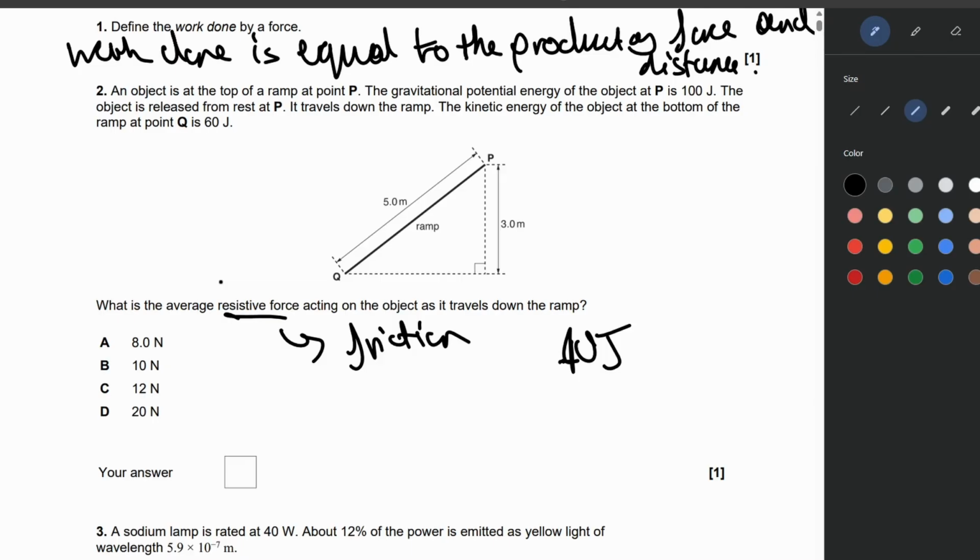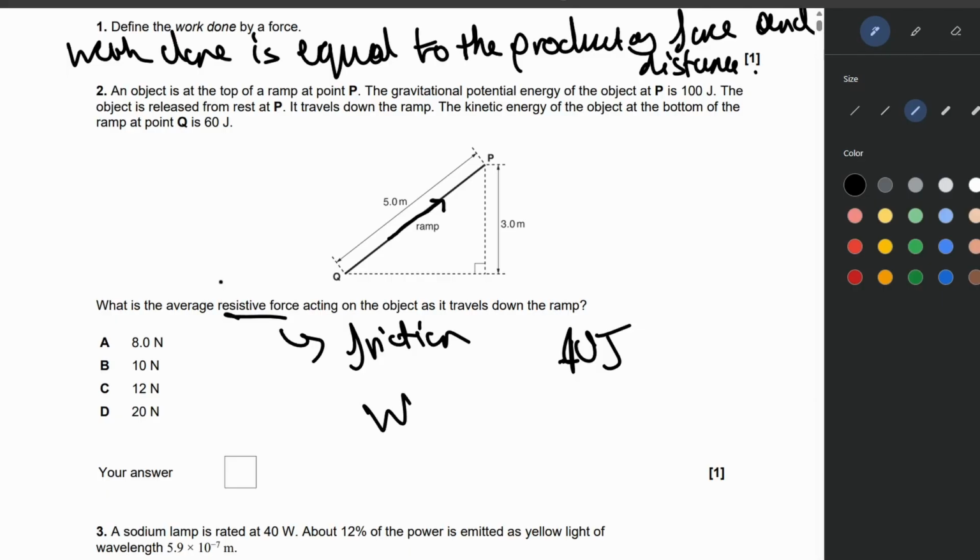Or it could be that there's a vertical distance, a horizontal distance, and then the magnitude of both, the actual distance of the ramp. So I'm going to assume the resistive force acts along the ramp, so it should be 5 meters.